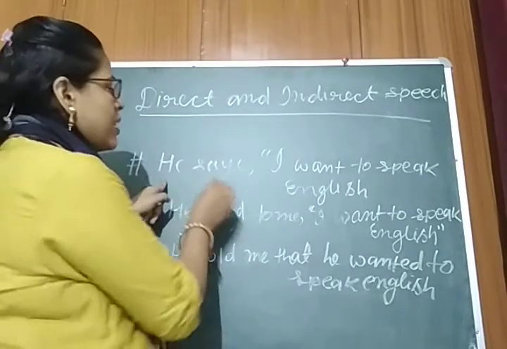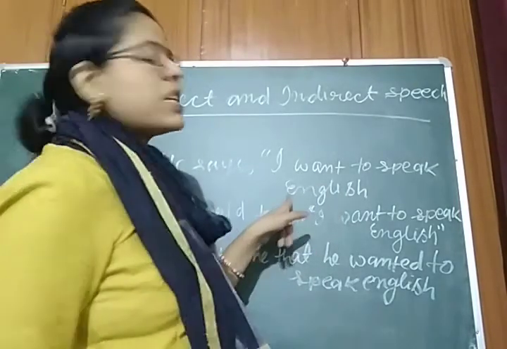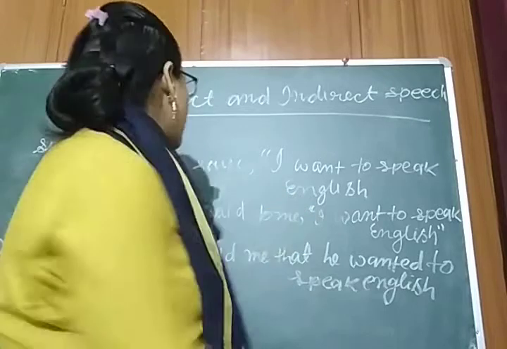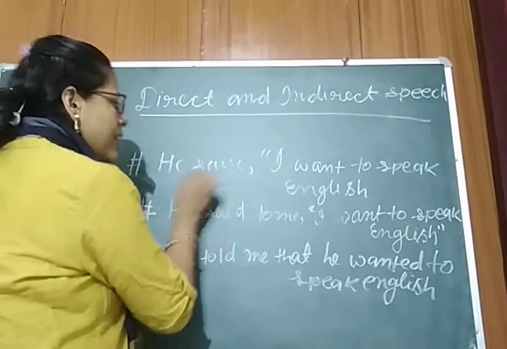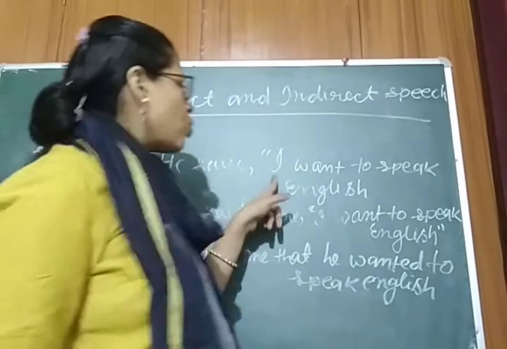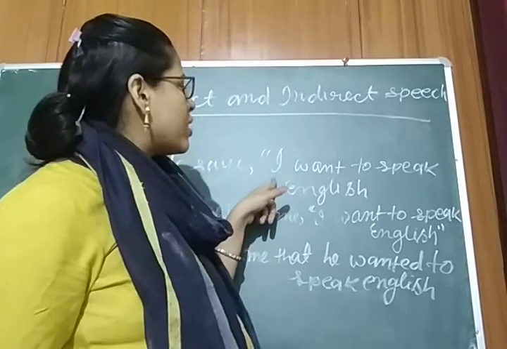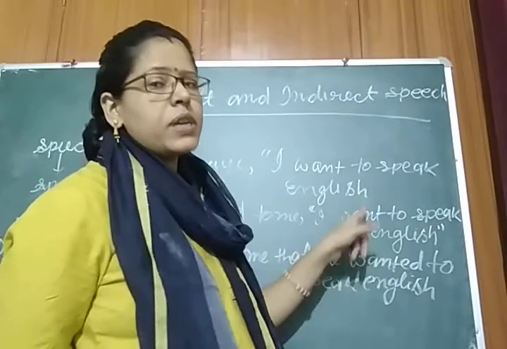Your concept will be clearer when you see a sentence example. Suppose this is the sentence: He says, "I want to speak English." Here, what does he say? "I want to speak English."